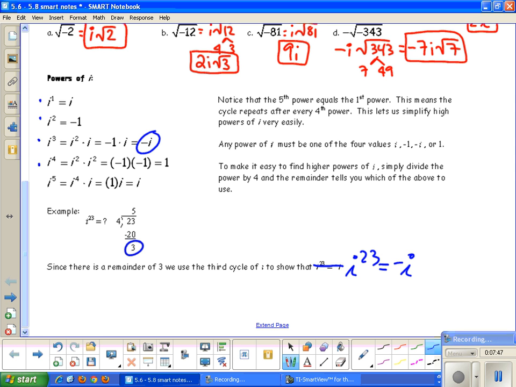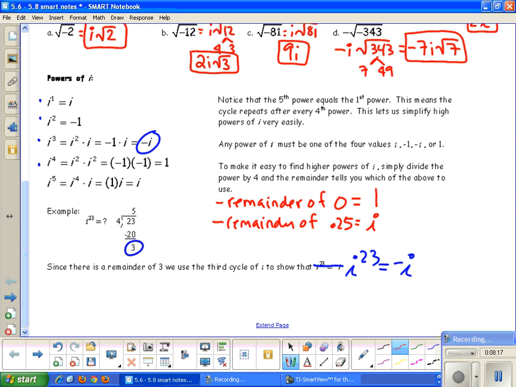And we can do this with any powers. What's easier to look at is looking at your remainders. When you have a remainder of 0, you're going to be on the 4th cycle, so that would be equal to 1. If you have a remainder of 0.25, that's like saying you have 1 out of 4, so then you would be equal to i.